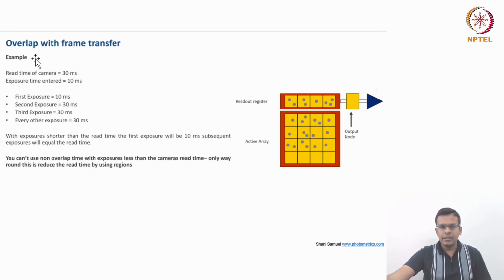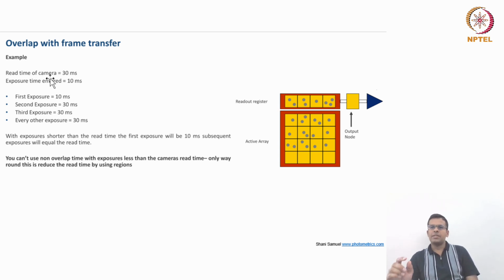Let's say this is known as the read time of the camera, that is, how much time is required by your camera to process the image. As I mentioned, generally the CCD camera takes 30 milliseconds to process your image, right?